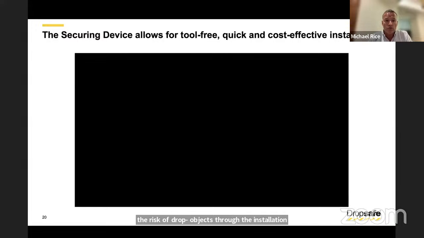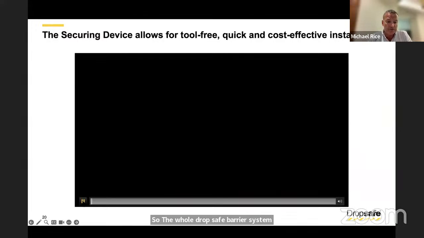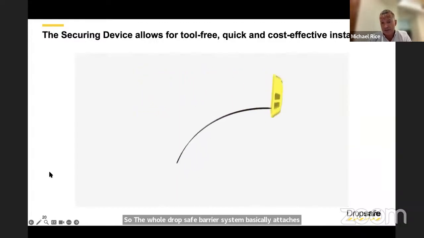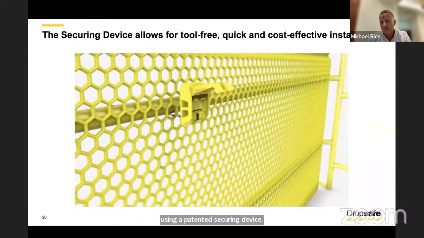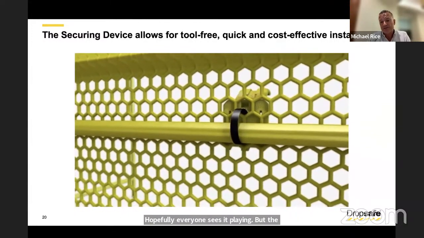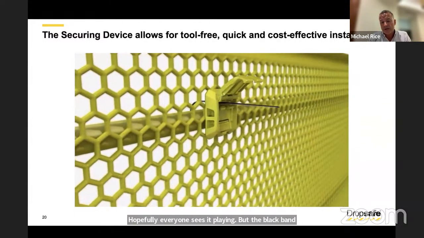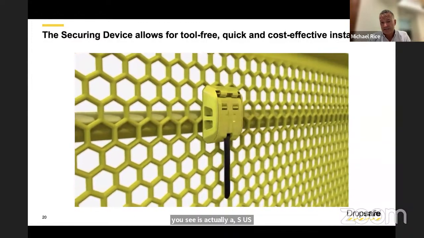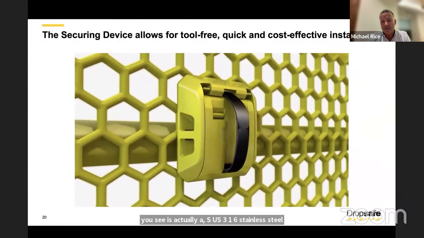The whole Dropsafe barrier system attaches using a patented securing device. So this is a small video. Hopefully everyone sees it playing. The black band you see is actually a SUS 316 stainless steel band that's plastic coated.